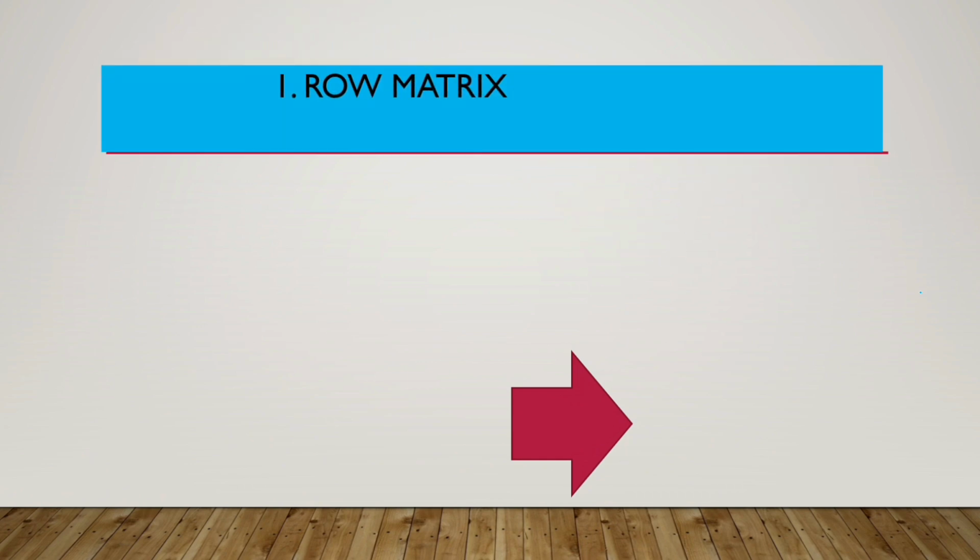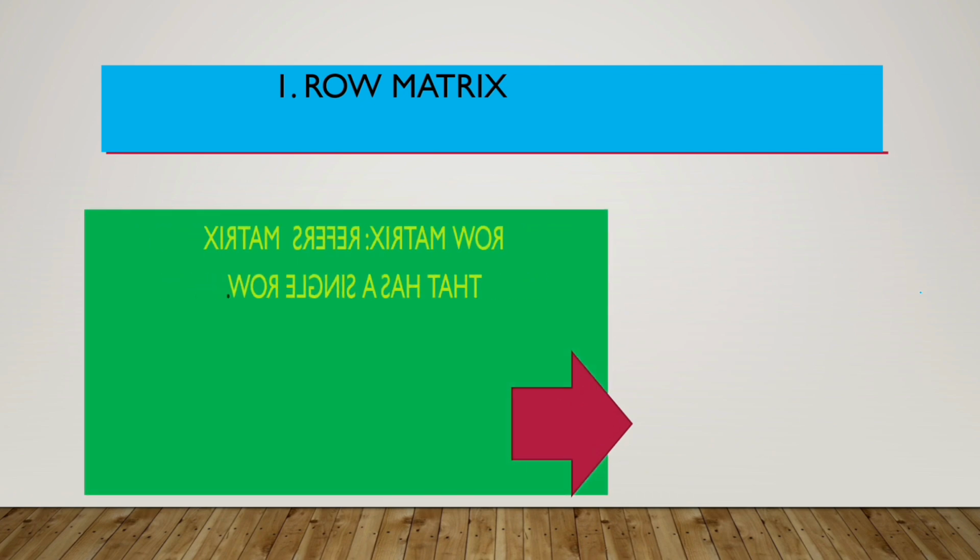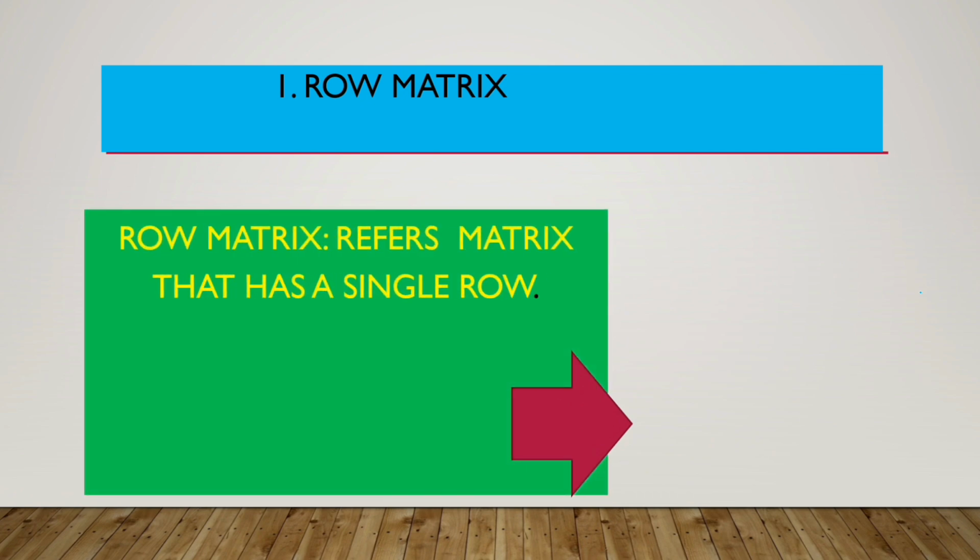So here we are going to start with row matrices. By definition, a row matrix is a matrix that has a single row. It means that it is a matrix that has one row. Let's take examples.